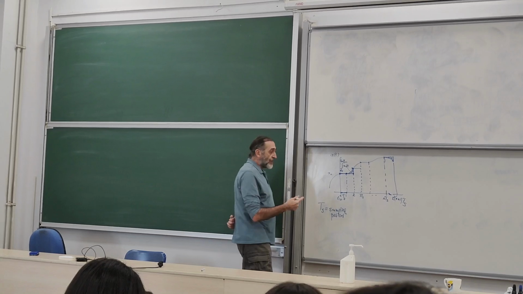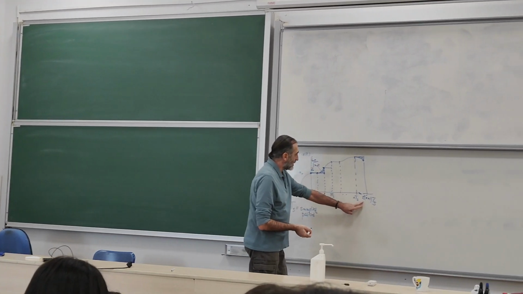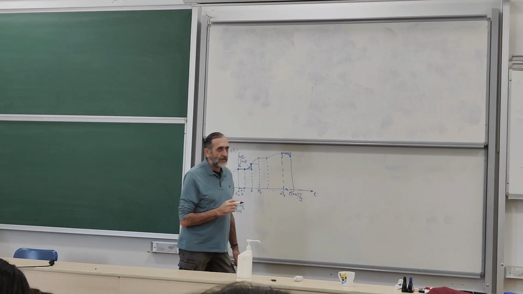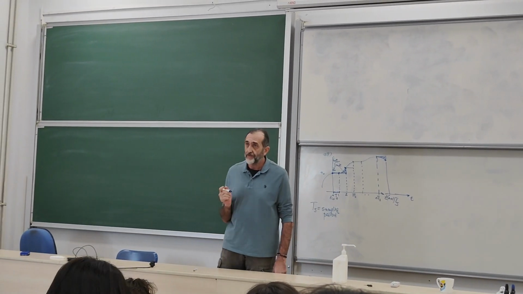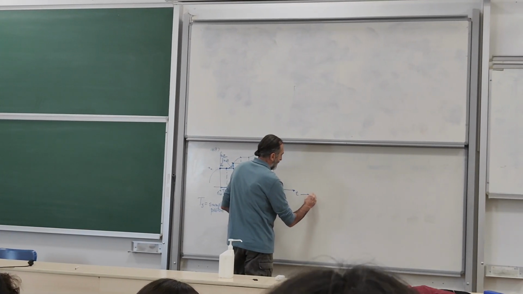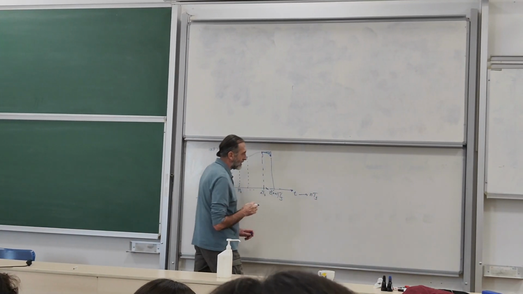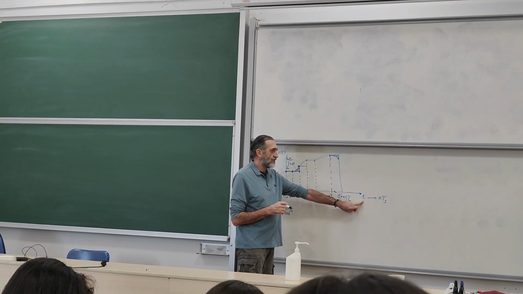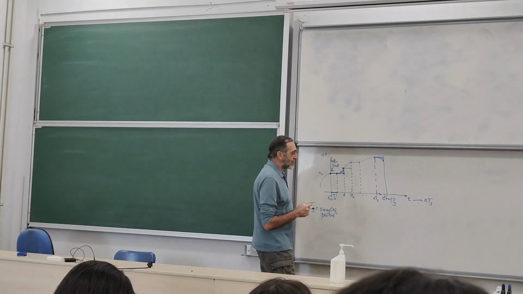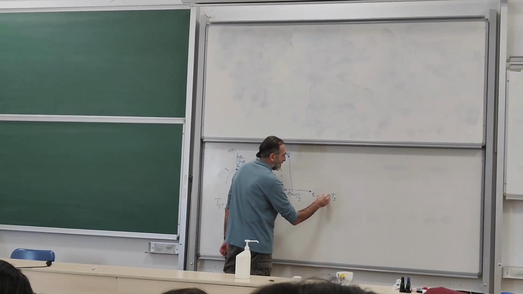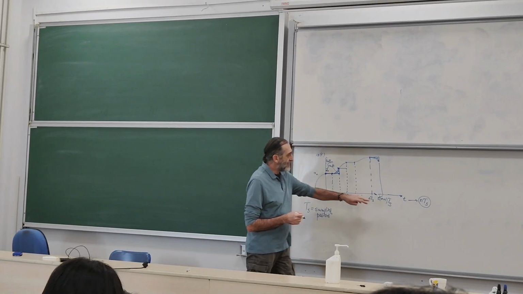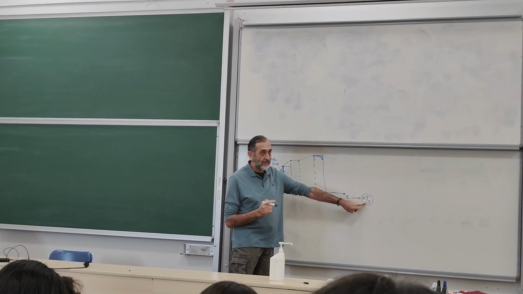Now you understand that the independent variable t has changed to n Ts. I'm not recording time anymore in infinitely spaced intervals, but I am recording the value of x at n times Ts.